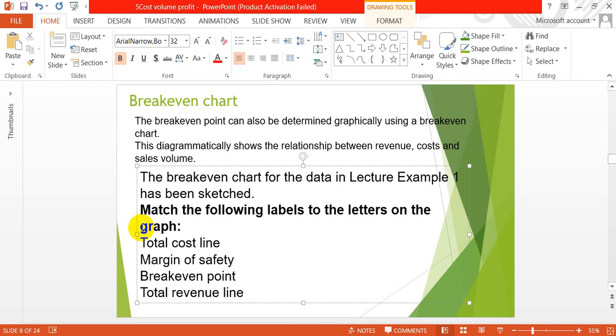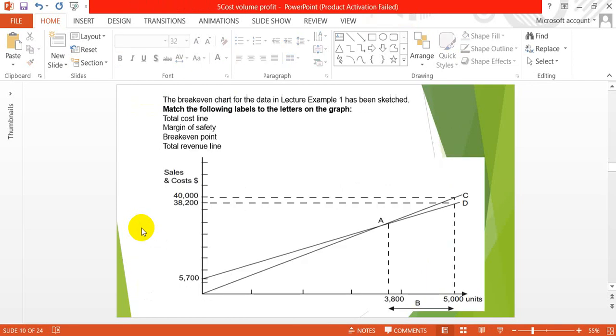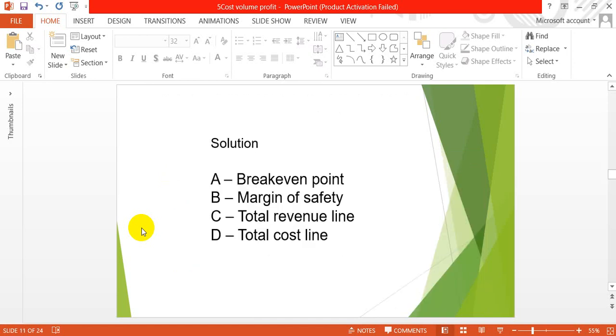Then we're required to label the margin of safety, the break-even point, and the total revenue lines. So this is a chart that we need to label.